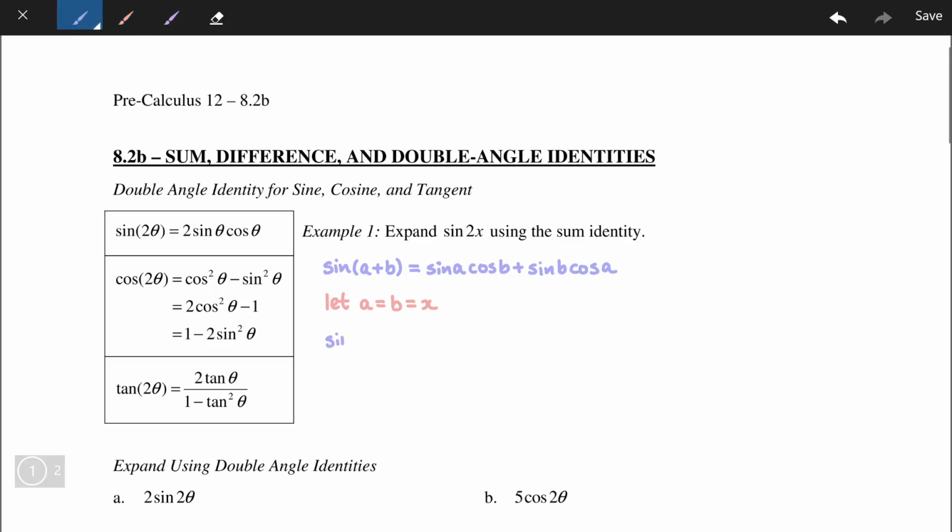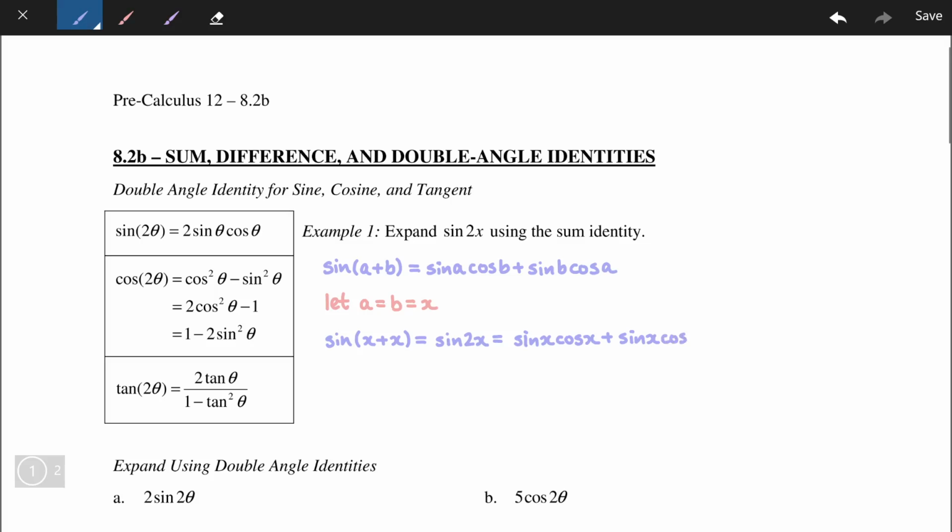So suddenly, our expression becomes sine x plus x, which of course is equal to sine 2x, and that will be equal to sine x cosine x plus sine x cosine x.